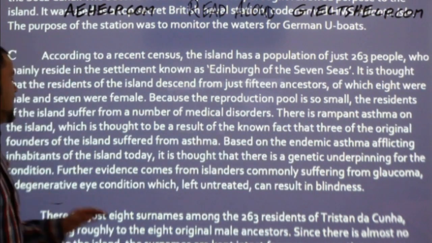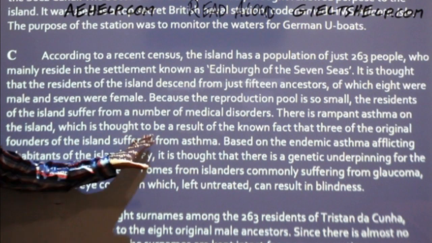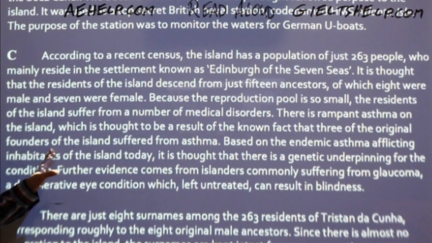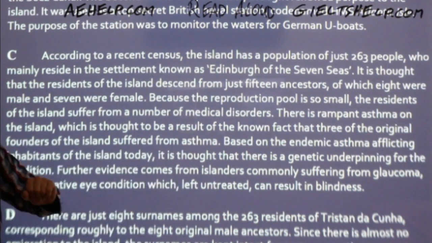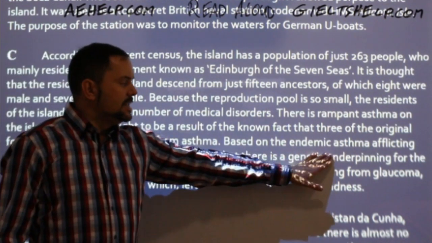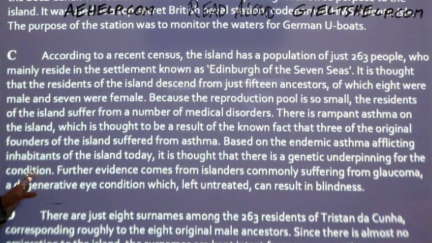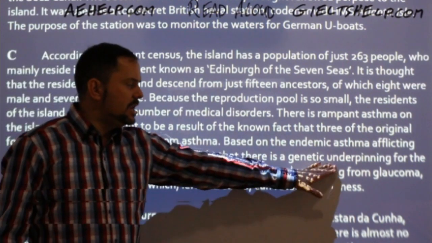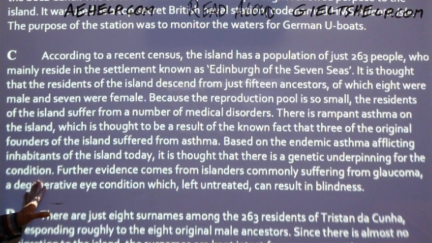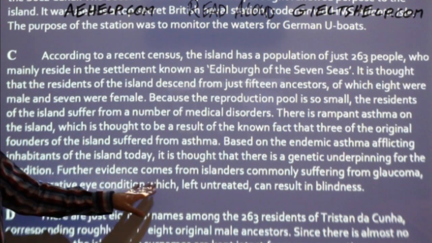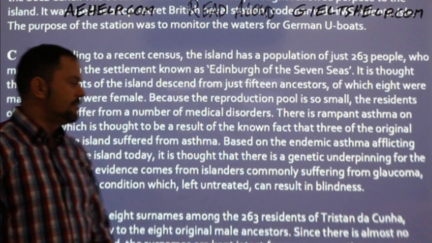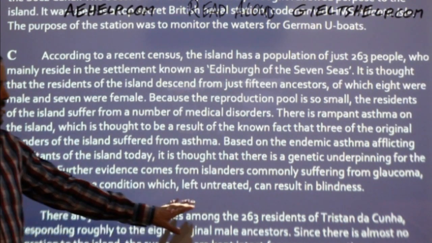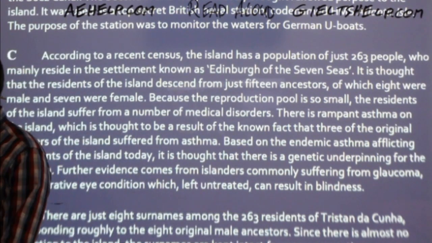There is rampant asthma on the island, which is thought to be a result of the known fact that 3 of the original founders of the island suffered from asthma. Based on the endemic asthma afflicting inhabitants of the island today, it is thought that there is a genetic underpinning for the condition. Further evidence comes from islanders commonly suffering from glaucoma, a degenerative eye condition which, left untreated, can result in blindness.